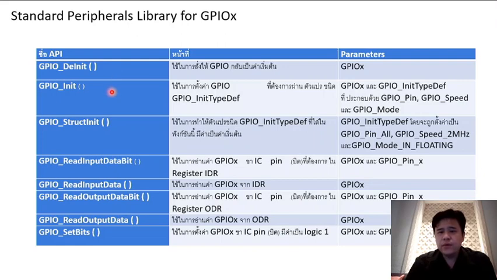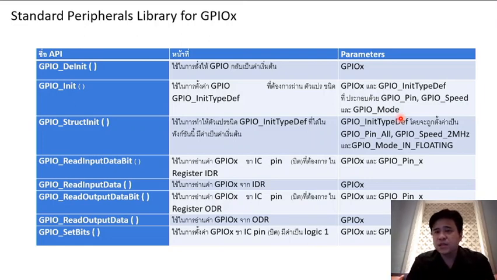Then you will use something called GPIO_Init, and to this one you can pass information to configure your GPIO. In this case, as you can see, we can configure the GPIO pin, which pin we would like to open, what the speed of that pin is, and also what the mode of that pin is. Can that pin be input? Can that pin be output?